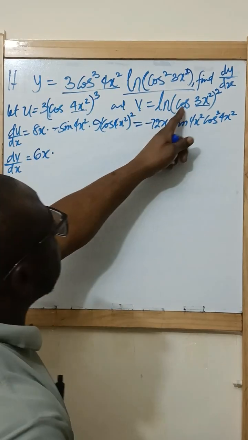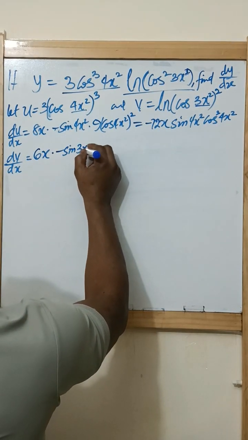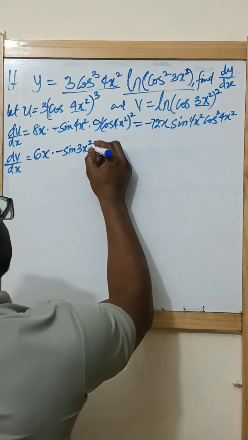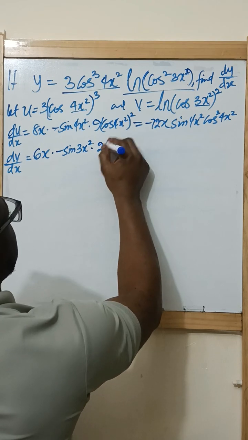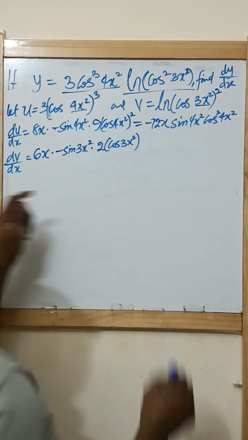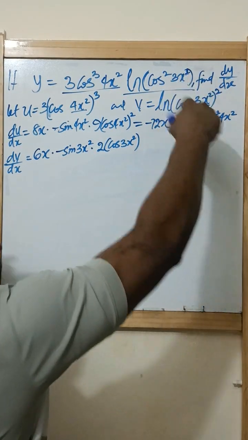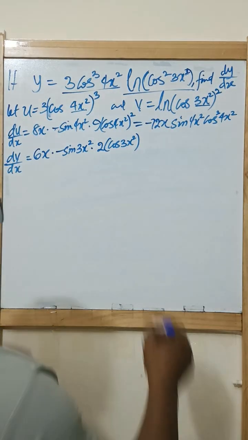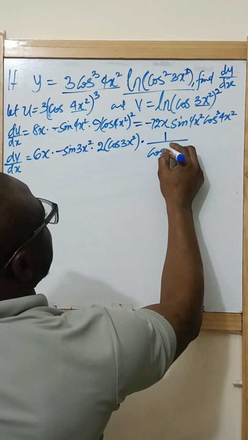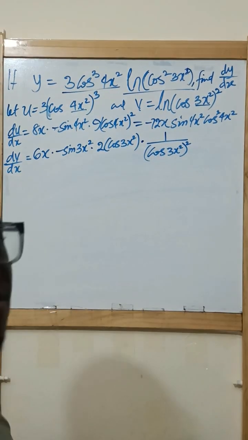Now cos of that subject gives minus sine 3x squared. Then differentiating the power gives 2 cos 3x squared. Then we differentiate ln of everything, which is 1 over cos 3x squared, everything squared.